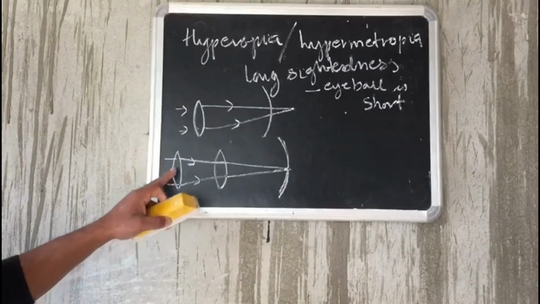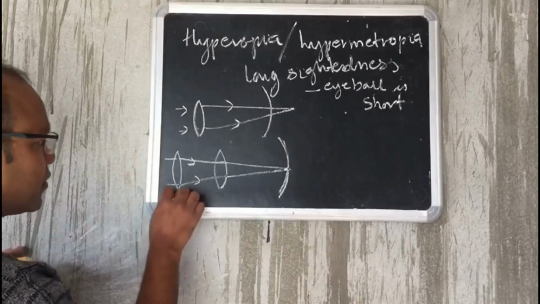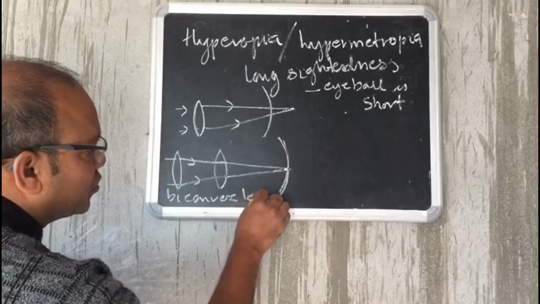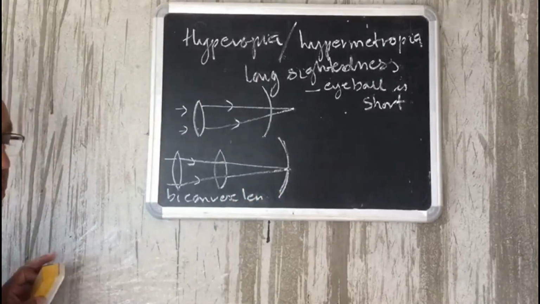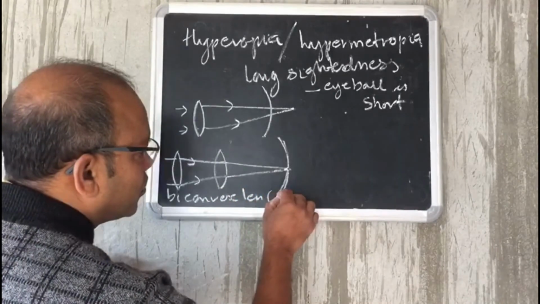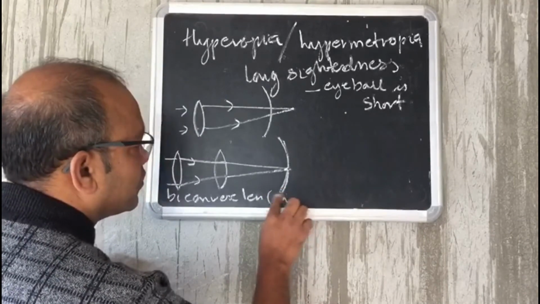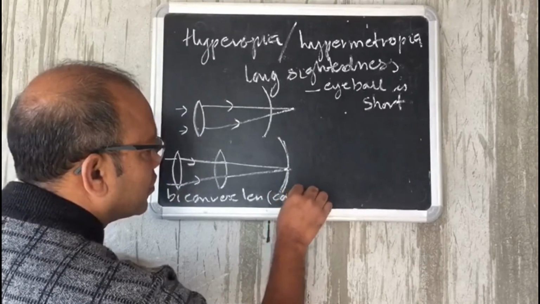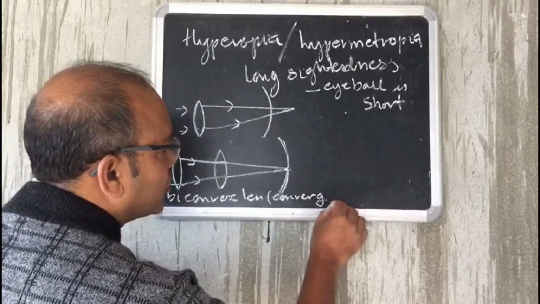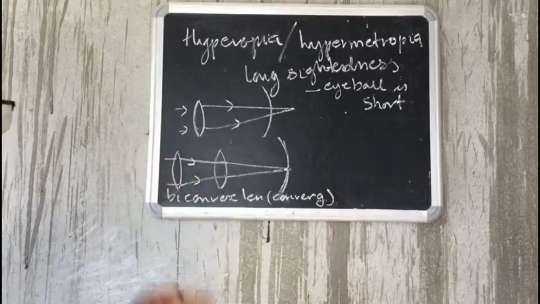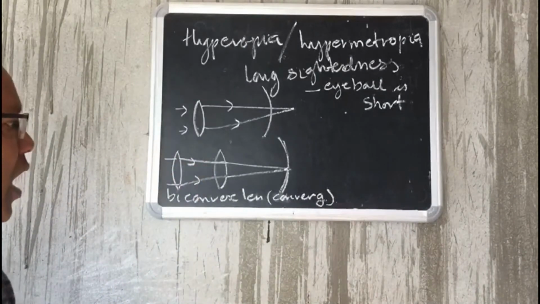So here, the biconvex lens is used, and the function of the biconvex lens is to converge the light before it falls on the lens of the eye.